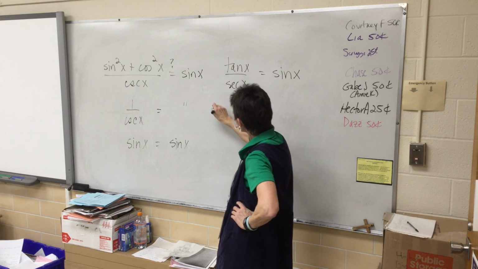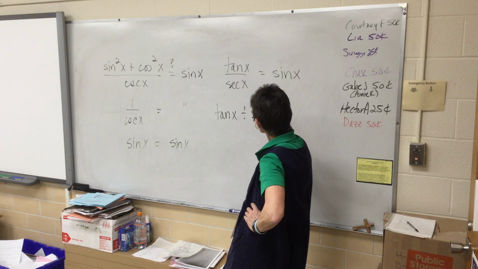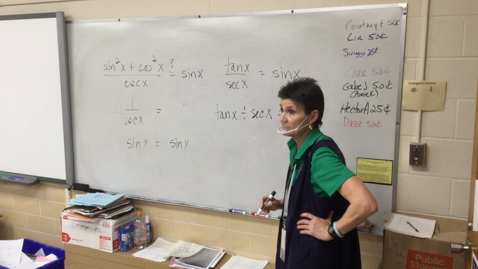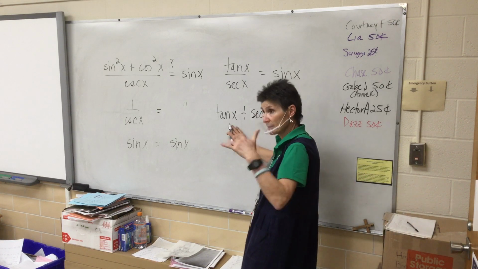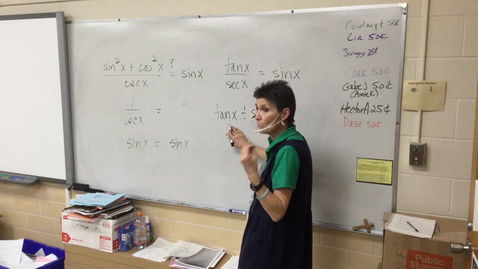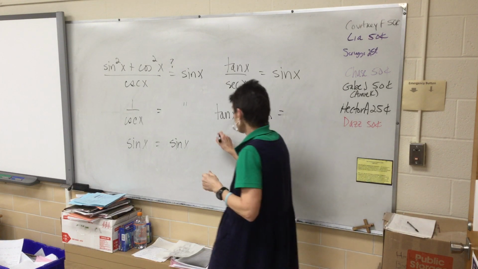Sometimes I like to think of this as tangent divided by secant. Is it? And then I know that tangent can be written a couple of ways. What is one really popular way of writing tangent? Sine over cosine.